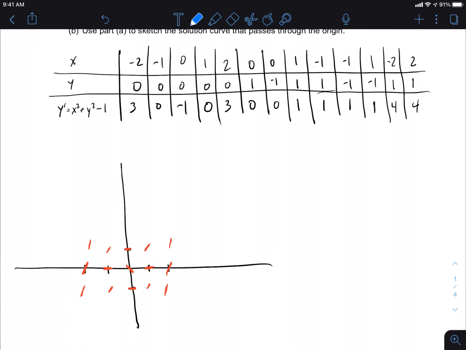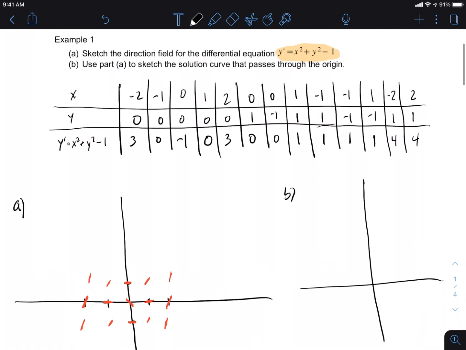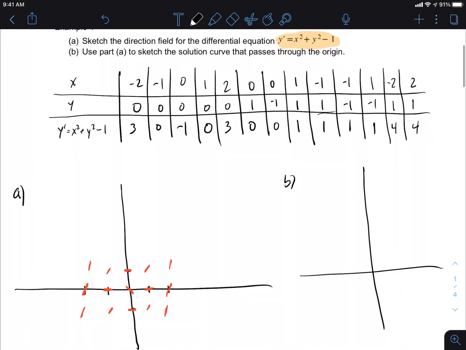Right? Part B says, all right, this was part A. Come up with a slope field. Part B says, can you come up with a graph based off of this slope field going through the origin? Well, we can see that this thing is growing, right? And the reason I see it's growing is because from here I see it's going up, right?